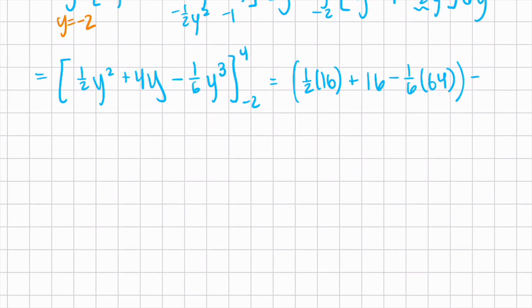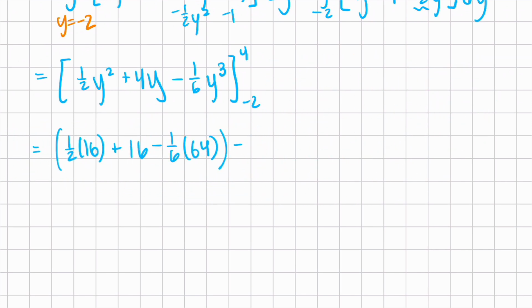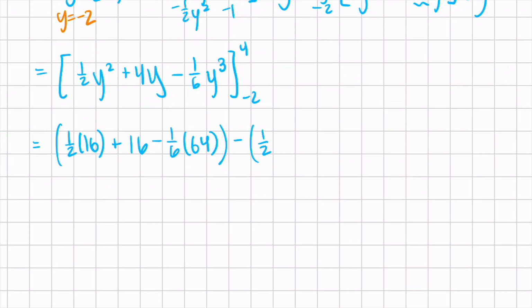Minus, let's move this down, plug in the -2: 1/2 times -2 squared is 4, minus 8, minus, that's going to be a plus 1/6 times 8.